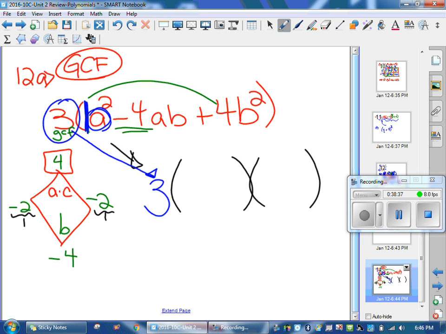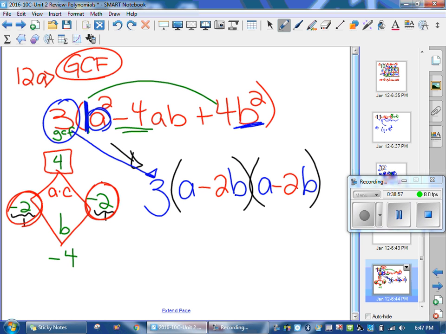Then I look at my wings. I've got a negative 2 and a negative 2. Those are going to go in front of my b's to fill in the rest of my brackets. Now you've created your terms. If you want to check your work, you factor in, area box, FOIL, diamond method, whichever, and then multiply the 3 in last. That'll give you what you started with.